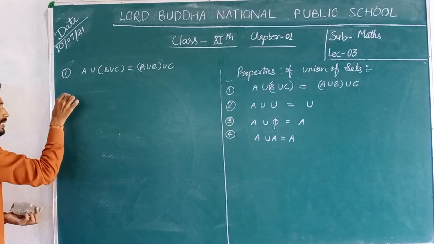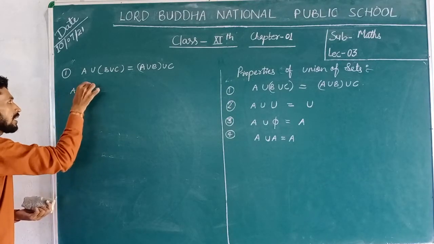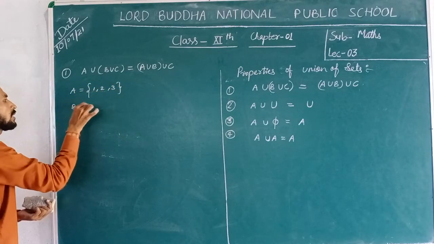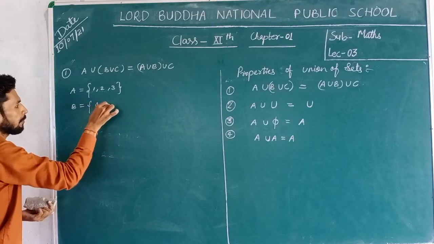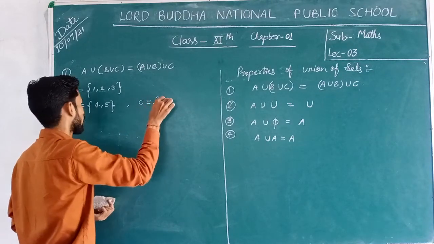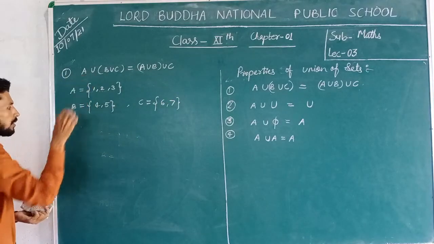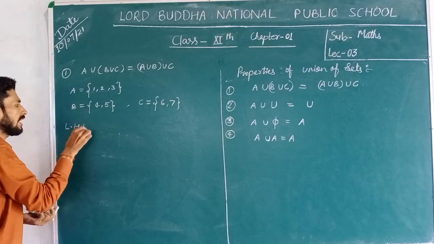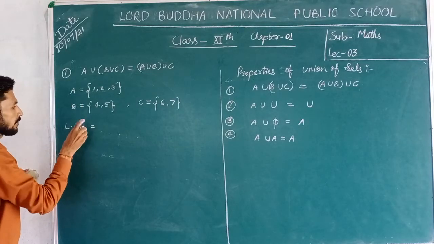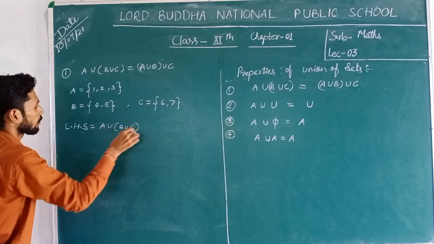So suppose that three sets A, B, C are given and the elements of set A are 1, 2, 3, the elements of set B are 4, 5 and the elements of set C are 6, 7. Okay, so we are taking the left hand side of this equality. So the left hand side is A union (B union C).